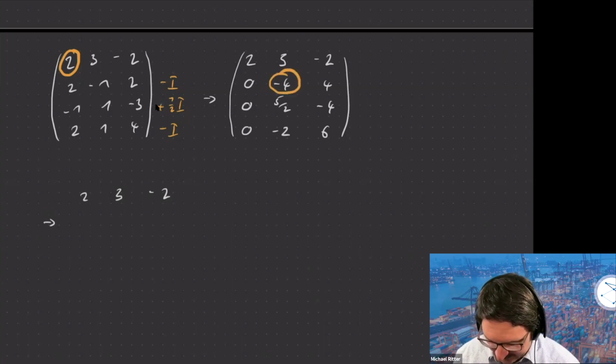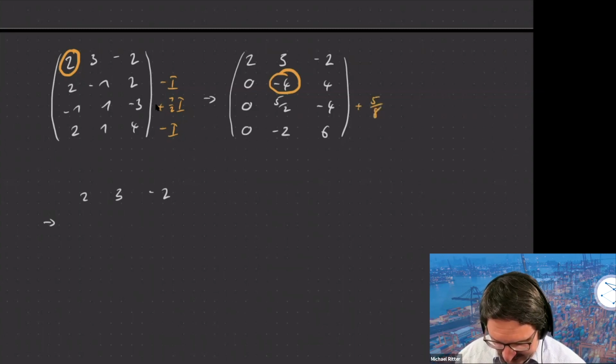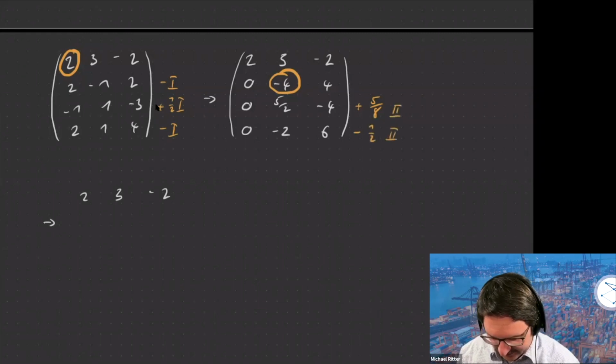Then what we have to do is add 5 over 2 over 4, so 5 over 8 of this, I think, right? -4, yes, that should work. And we have to subtract half of row 2 here.